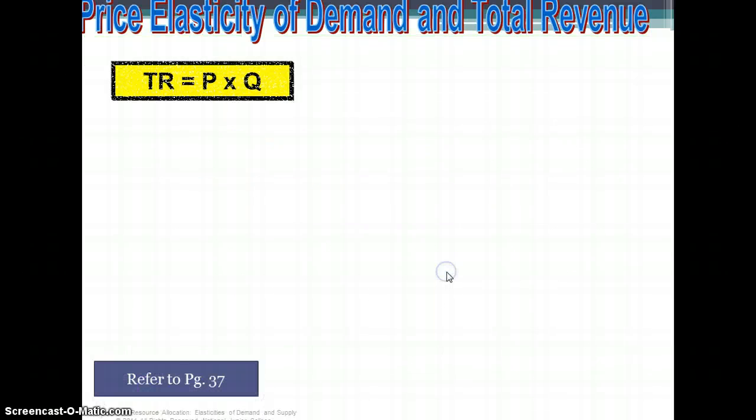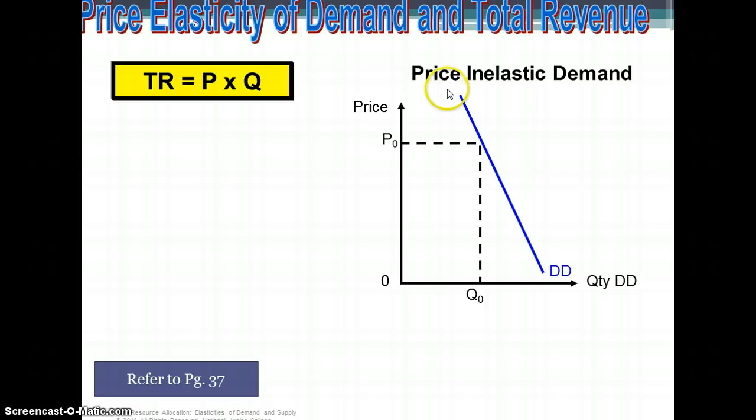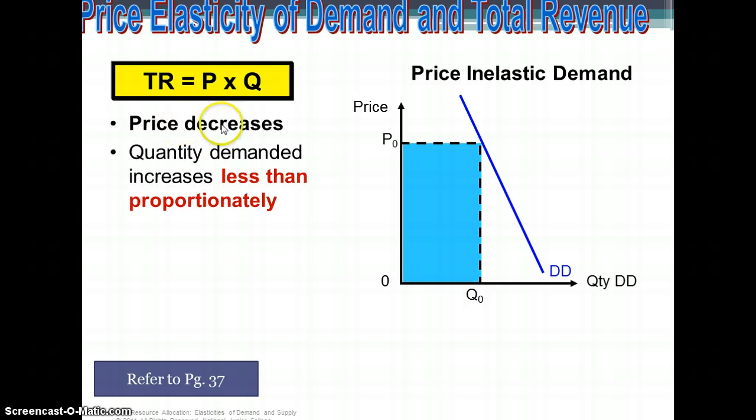So let us move on to look at another situation. Here, given a more price inelastic demand curve, what will happen to the total revenue when there is a decrease in the price? The original total revenue is represented by the blue box over here, P times Q. When there is a decrease in the price from P0 to P1, the quantity demanded will increase less than proportionally from Q0 to Q1.